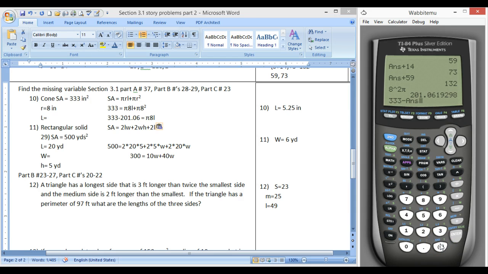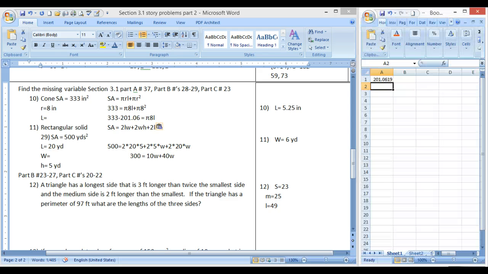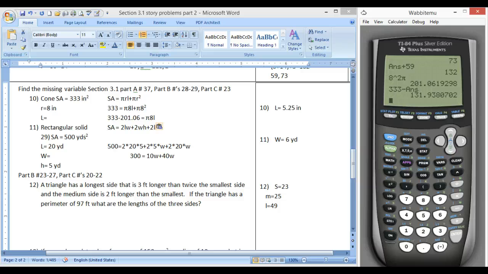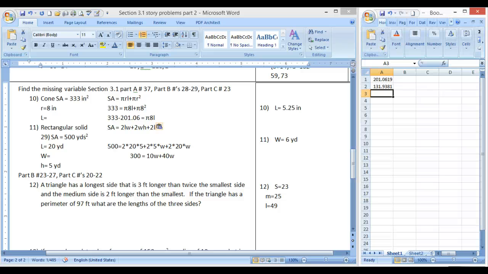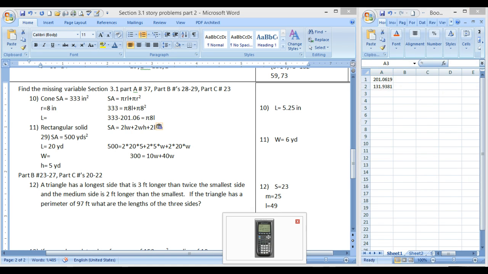So I can subtract the answer from 333, and that way I don't have to worry about rounding mistakes yet. If you would like to use Excel, Excel is really nice in the fact that you can just write equals 333 and subtract and cell reference your 201. So you have two different ways of doing that with the calculator and with Microsoft Excel without rounding until the very end.